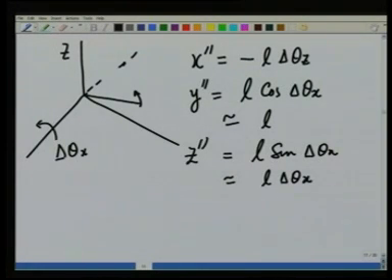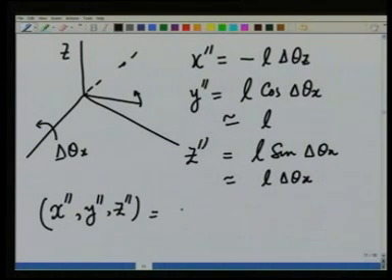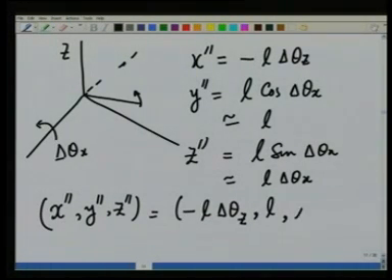So, after these two rotations, I end up getting x double prime, y double prime, z double prime equal to minus L delta theta z, L, L delta theta x, which is precisely the same as what I got when I had the other order, first rotation about the x axis and then rotation about the z axis.